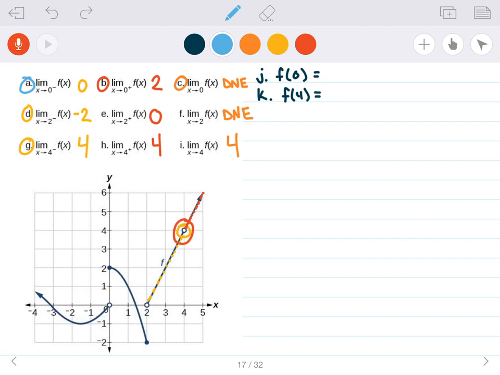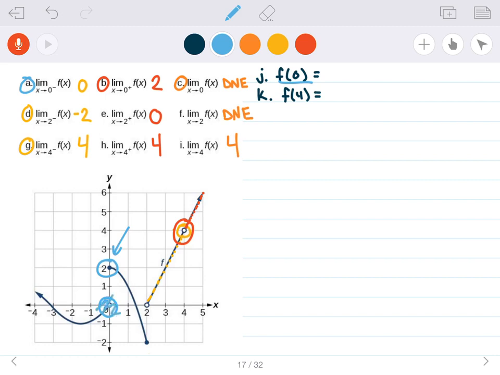Now, this is asking, what is f of 0? Well, f of 0 is the value of the function when x equals 0. Well, there's two places where x equals 0, the closed dot and the open dot, but the closed dot is the only place where 0 is defined. We can throw the open dot out.